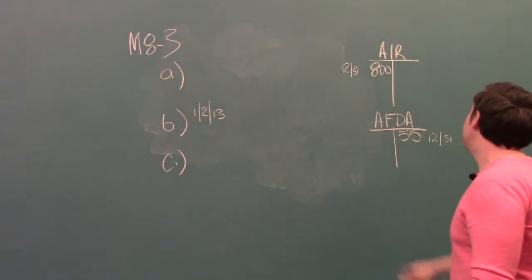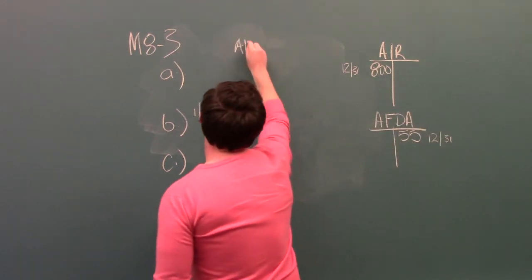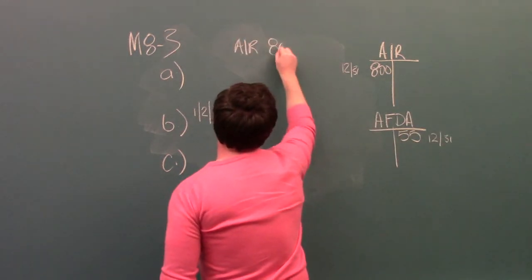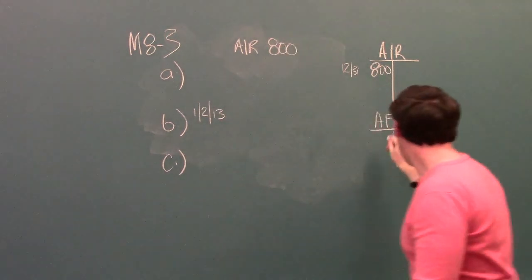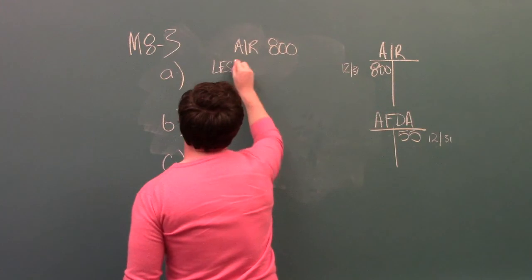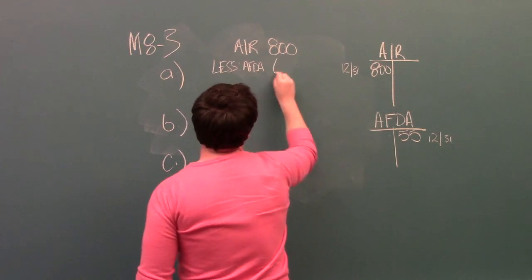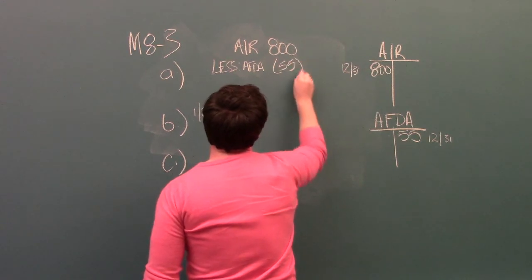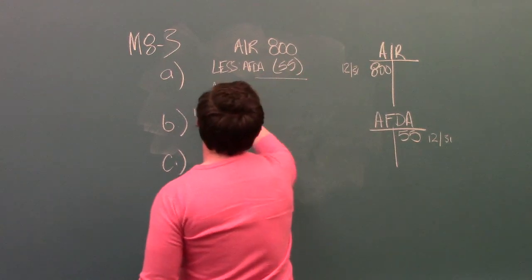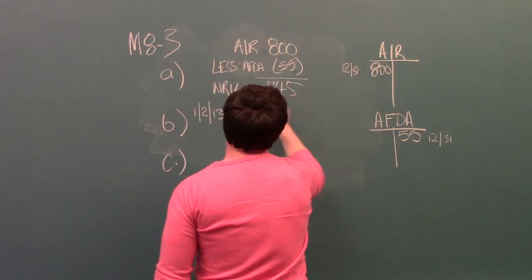So in this problem, we have $800,000 as your original AR. So we'll put that as the start. That's $800,000, right? Allowance for doubtful accounts, if we subtract that out, we say less allowance for doubtful accounts of $55,000, we get our net realizable value of $745,000, right?